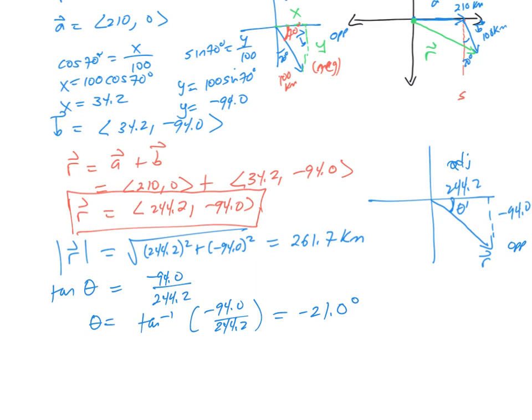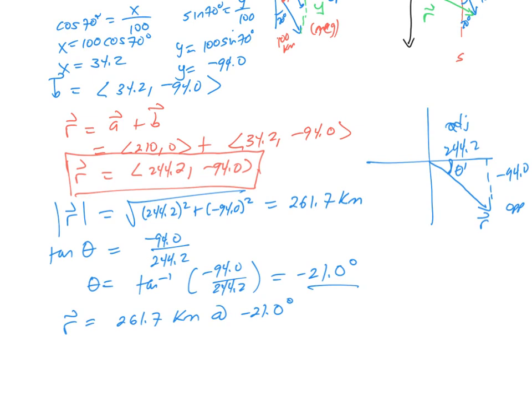So we have found what we needed to. So the resultant vector is 261.7 kilometers at negative 21.0 degrees. And if we wanted to, we could write that using terminology that they might use for a plane. So we could say 261.7 kilometers, and then our angle in terms of our direction.